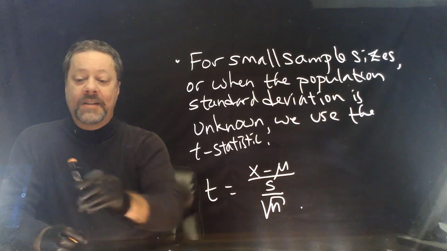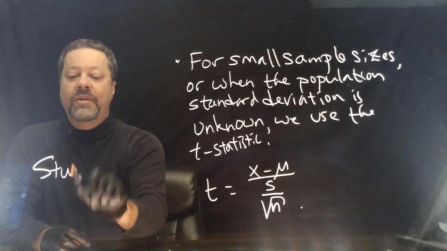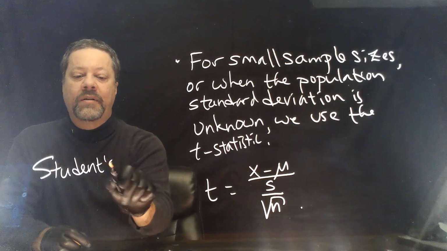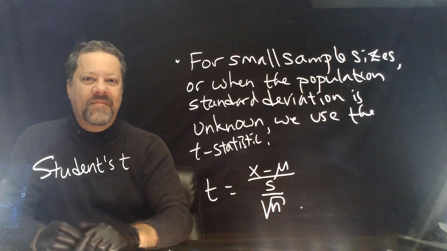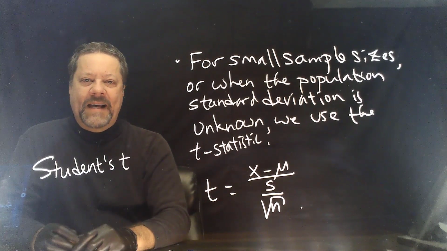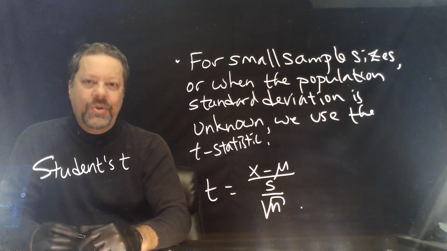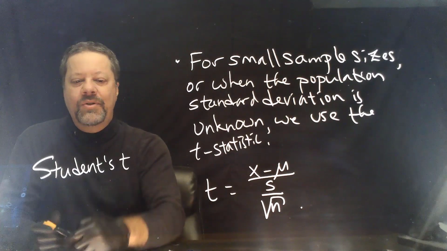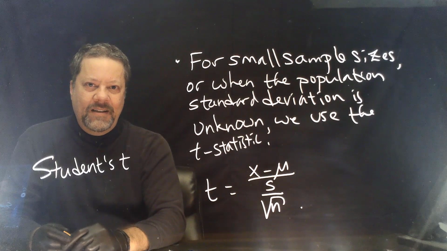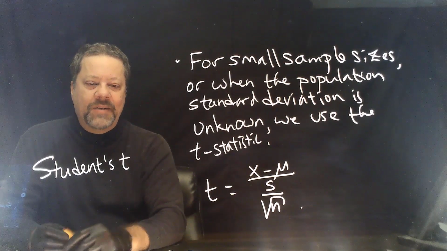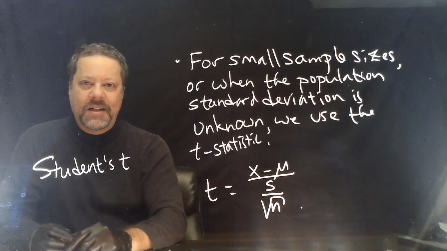This statistic is sometimes referred to as Student's T. Back in 1909, a man published a paper under a pseudonym named Student. And so this has come to be known as Student's T statistic.